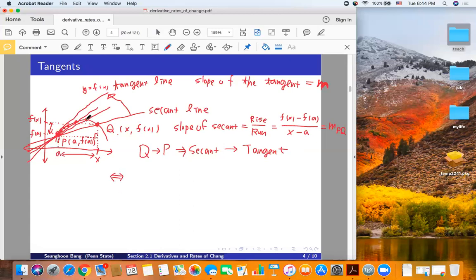So I can replace this by this statement. Q approaches P. What happens? The corresponding x value is here, here, and here. What does it mean?